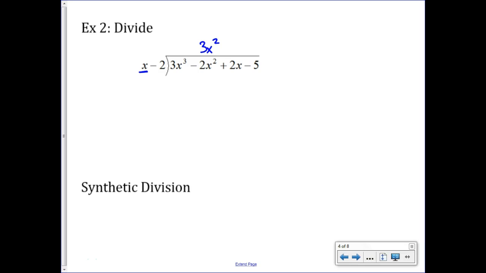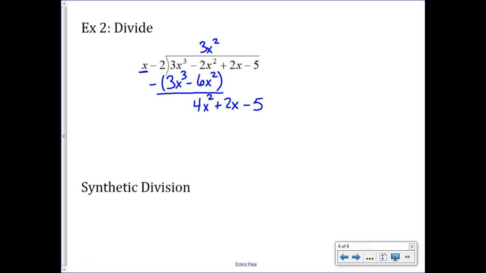So 3x squared times x is 3x to the third. 3x squared times a minus 2 is minus 6x squared. I'm going to subtract this whole thing. So those cancel. Negative 2 minus negative 6 is 4x squared. Then I'm going to bring down plus 2x minus 5.